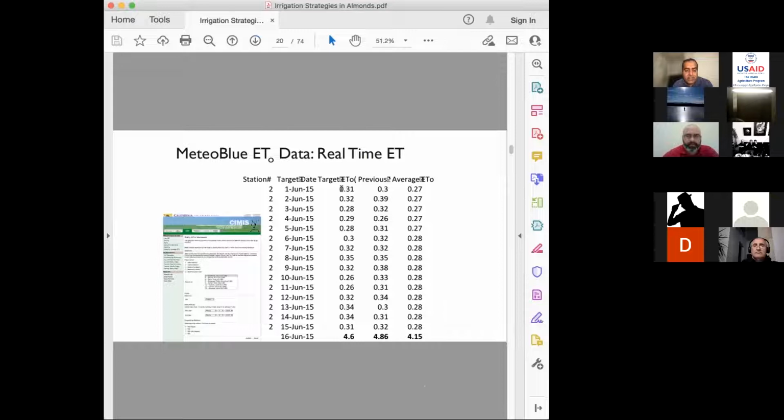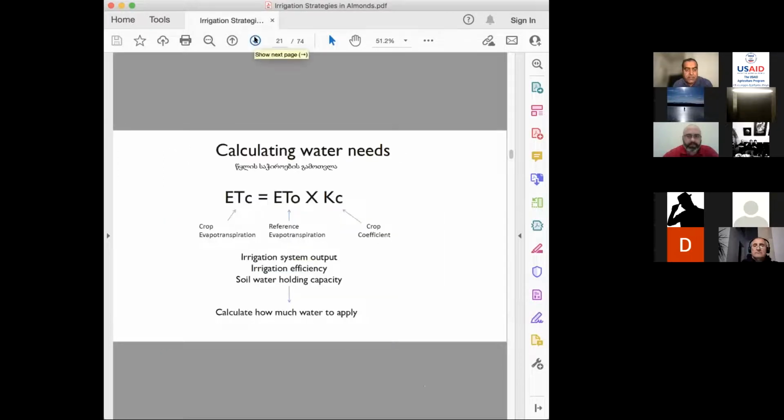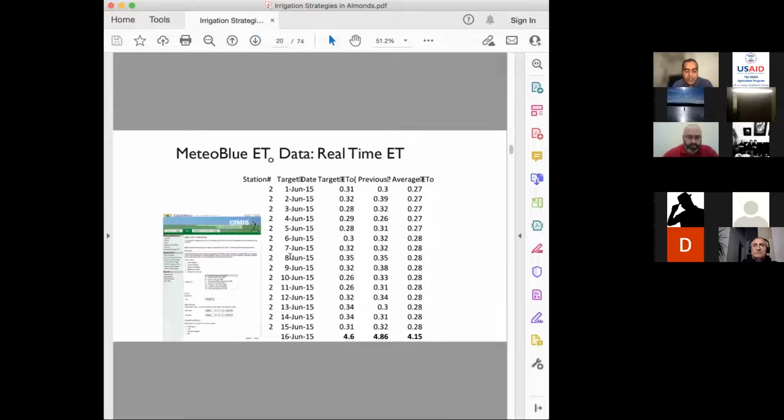So you get the reference evapotranspiration data and the average reference evapotranspiration data. Getting to this equation, some of the slides we already had done in Georgian, so that might help you.